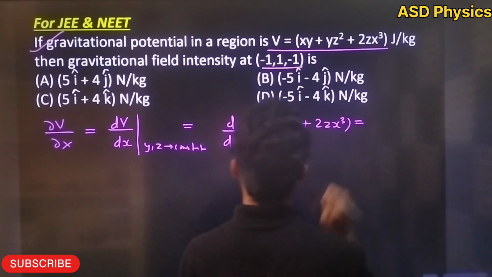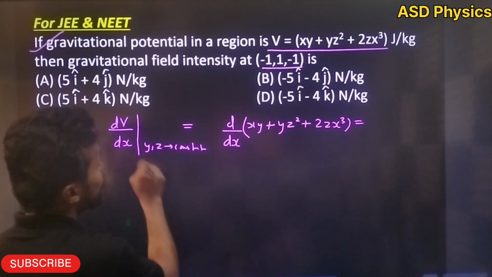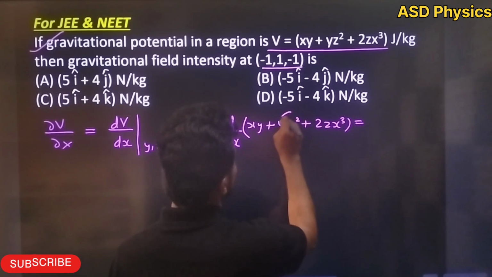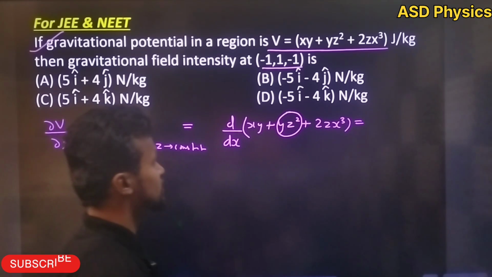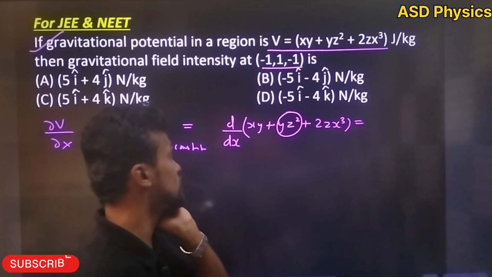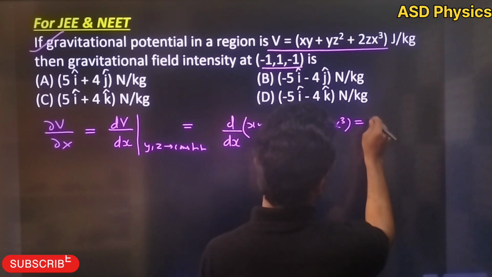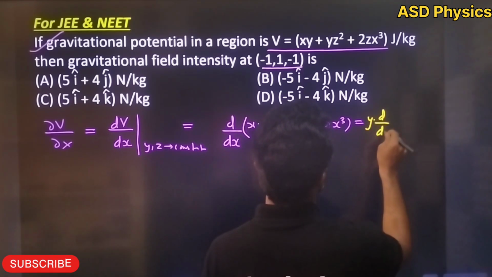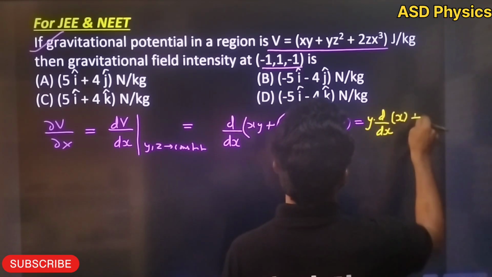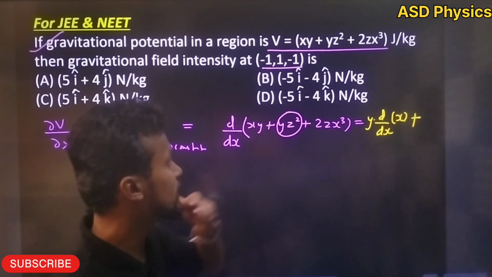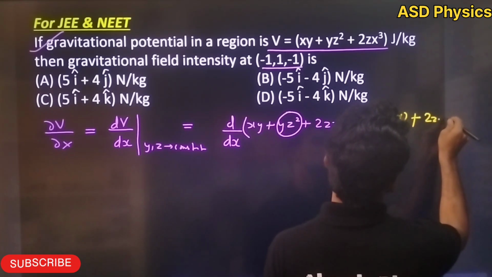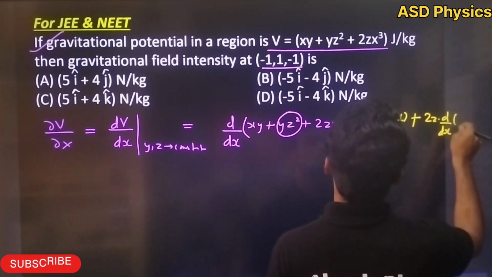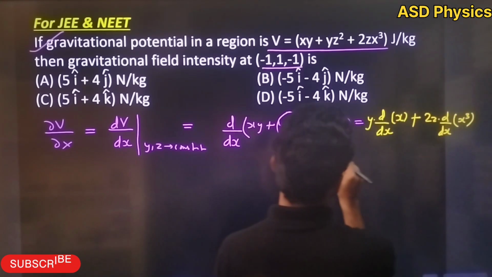When we simplify this, y and z are constant, so the yz square term is going to be 0 because differentiation of constant is 0. Now d by dx of xy: as y is constant, that means y times d by dx of x, plus, as z is constant, 2z times the differentiation of x cube.